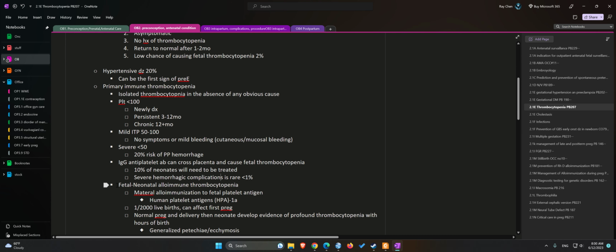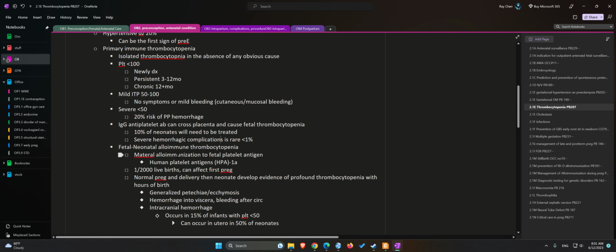Then there's something called fetal neonatal alloimmune thrombocytopenia. Basically, it's a maternal alloimmunization to the fetal platelet, usually involving something called a human platelet antigen, HPA-1A.